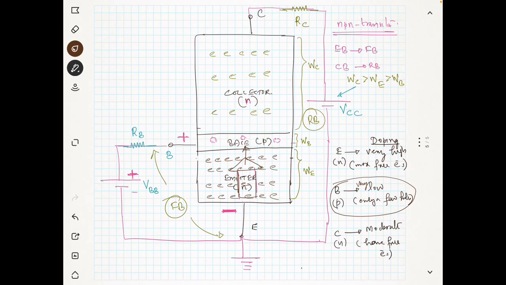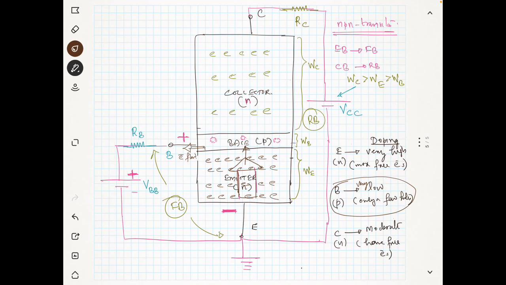What will happen? Suppose hundreds of electrons are moving from the emitter to the base. At the base I have shown only 3 holes, so only 3 electrons can combine with these holes in our case, as shown here. As they combine with the holes, they will make a small electron flow in this direction, as I am showing here.